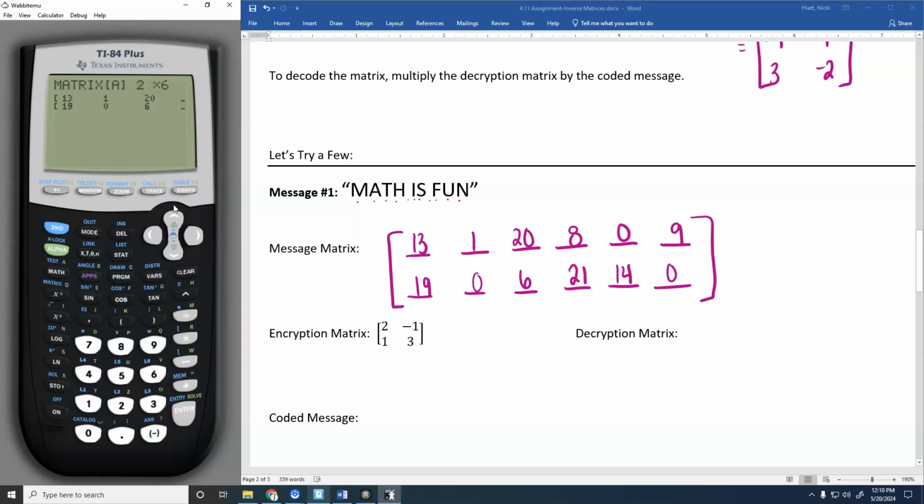And then once you have that matrix in, you also want to put your encryption matrix in. You can enter it as B. So if we go back to the matrix sheet here and go down to B, you want to enter that encryption matrix there.